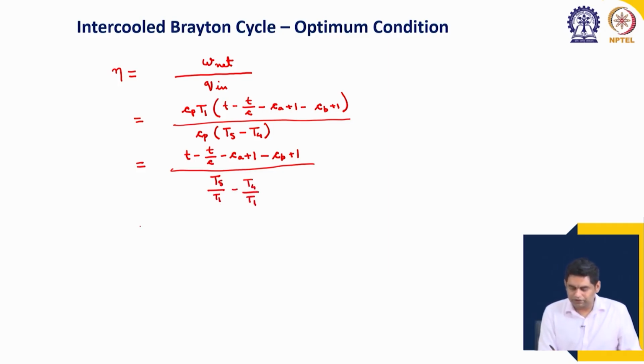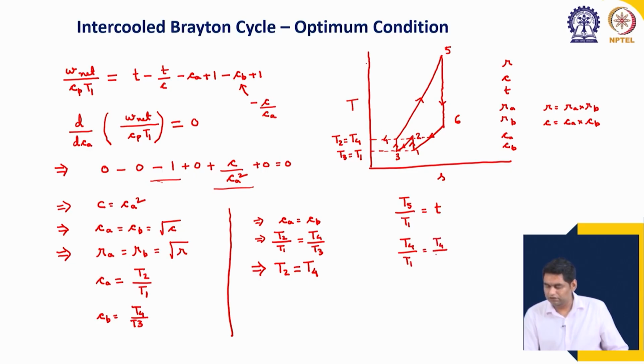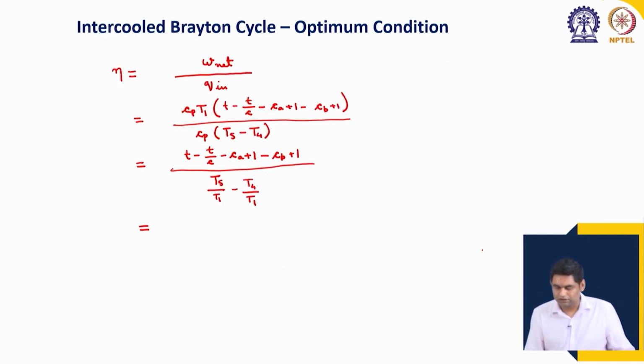What is T5 by T1? T5 by T1, we can see that this is equal to T. And what is T4 by T1? T4 by T1 is equal to T4 by T3. This is equal to CB, or RB to the power (gamma minus 1) by gamma.